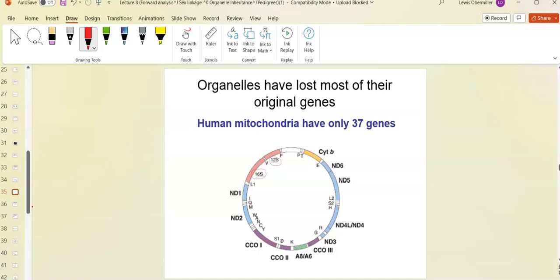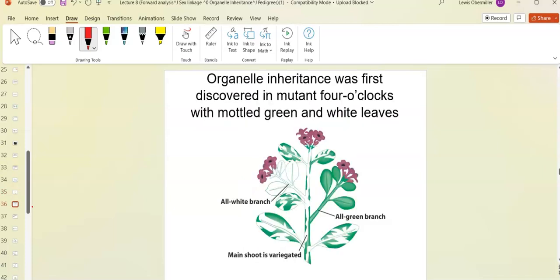That's another telltale sign that this is probably related more to prokaryotes than eukaryotes. And it has that circular chromosome that's generally only found in prokaryotes. And a lot of these genes, like cytochrome B, are involved in the electron transport chain. Okay, so hopefully that's everything there is to know about organelles, at least the ones that contain DNA.